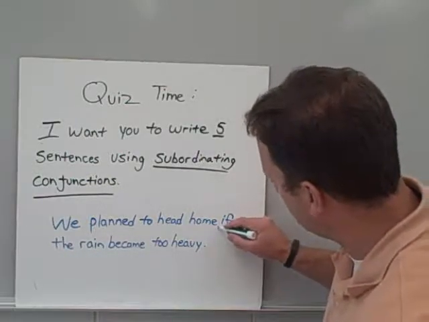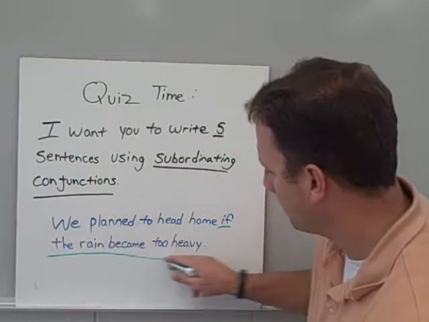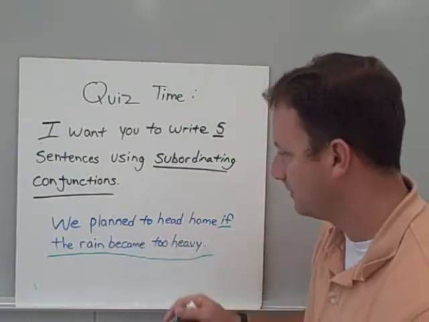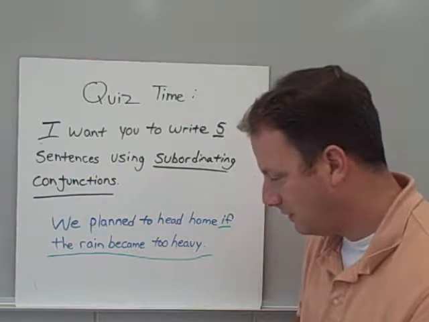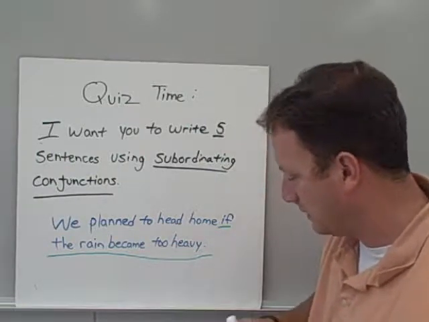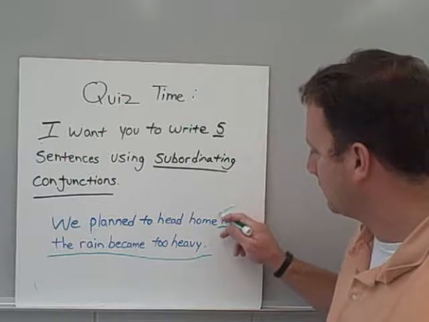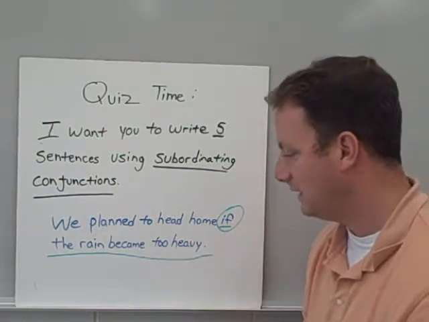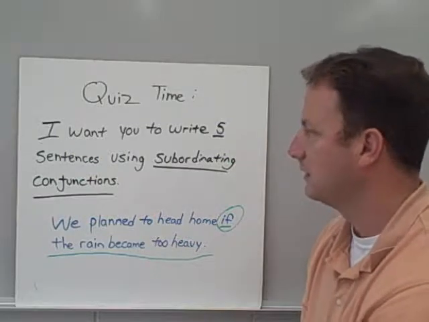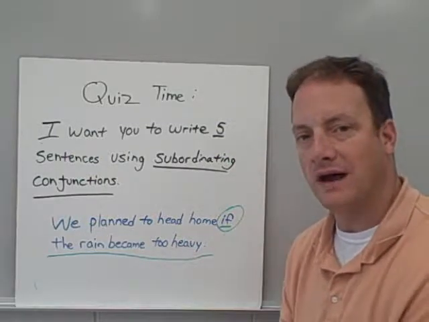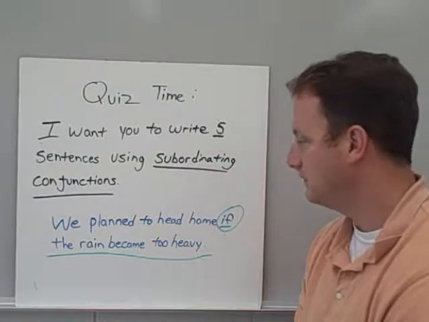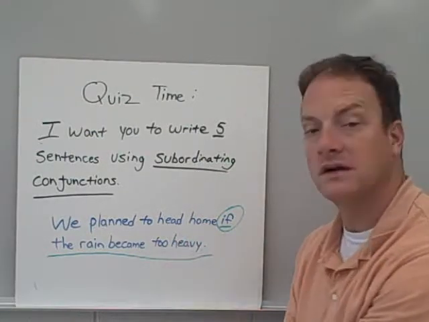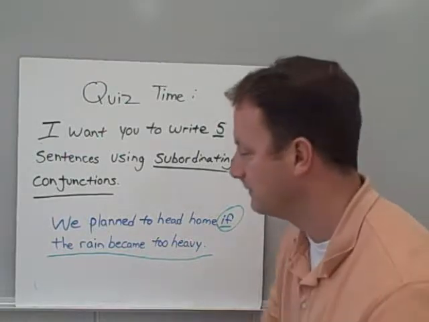I'm going to underline the fragment for you, okay? This part of the sentence needs extra help, all right? So we've got to put a subordinating conjunction in there, and I'm going to circle it for you. If, all right? So if the rain became too heavy is what we're looking for. So you're going to go back and write 5 examples of subordinating conjunctions, just like what I've done here and like you saw earlier in the video.